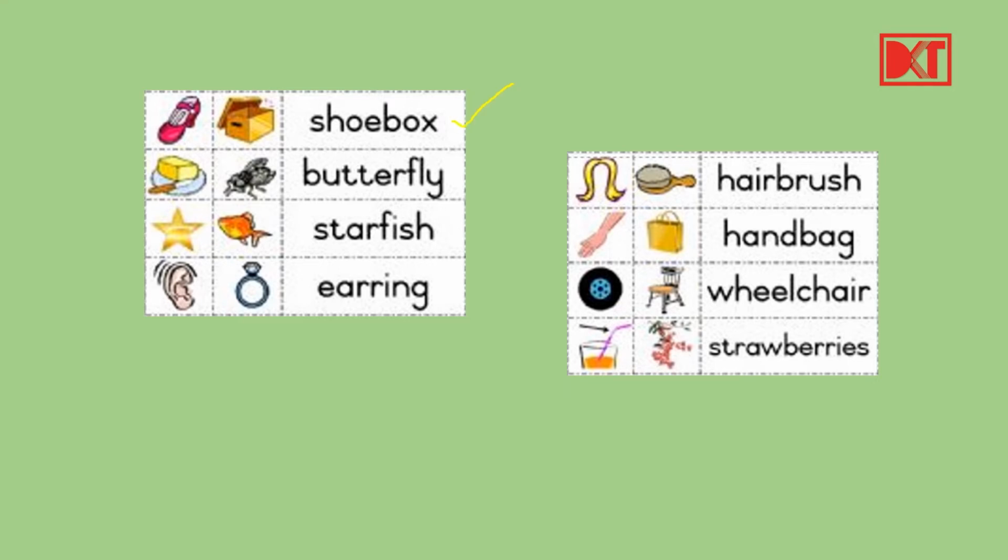I'll just quickly read them. Shoebox and butterfly, star and fish, starfish, ear and ring, earring, hair and brush, hairbrush, hand and bag makes a handbag, wheel and chair. 2 different words make an absolutely new wheelchair. Straw is different, berries are different. Together they make strawberries.